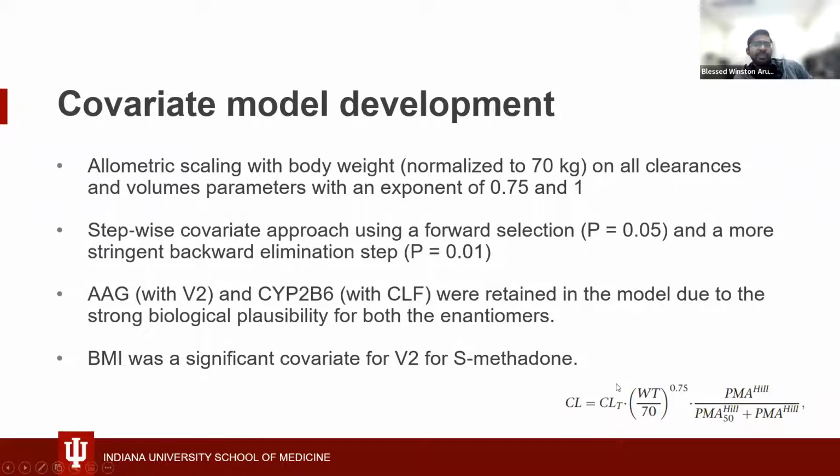But our age range was so narrow, our IQR was like 13 to 15 years. And the weight range is also not much, although we used it for allometric weight scaling, the range was not too much. So we did not find a relationship, and we did not use this.